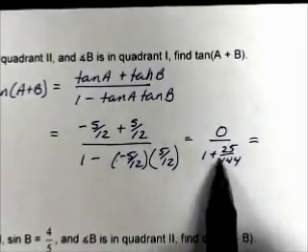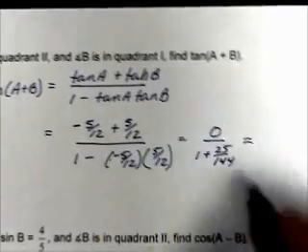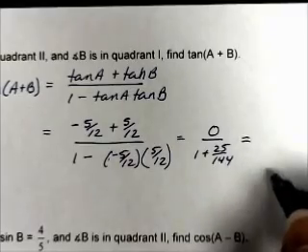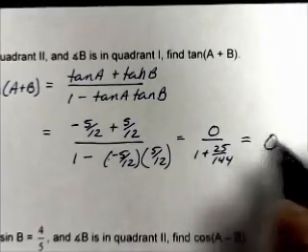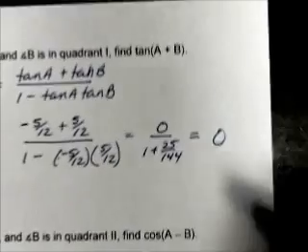Doesn't matter, as long as the denominator isn't 0 and we end up having something that's undefined. Our numerator is 0. 0 divided by anything is 0. So that is our answer.